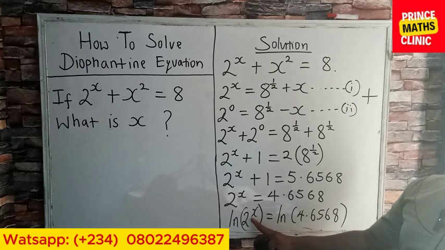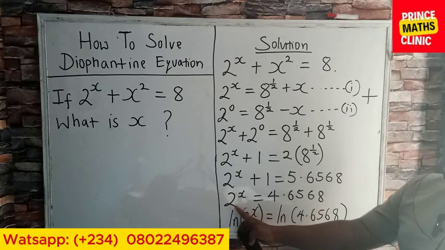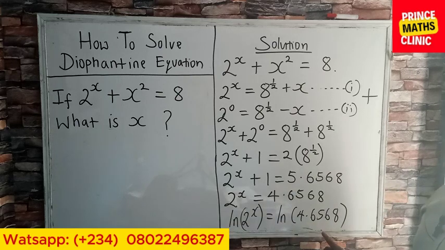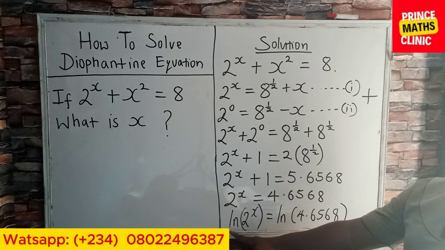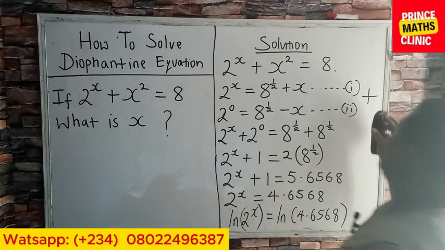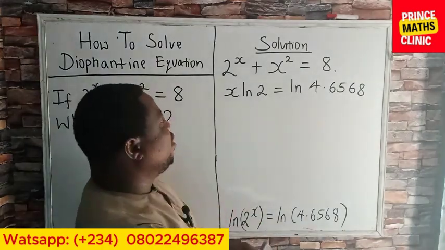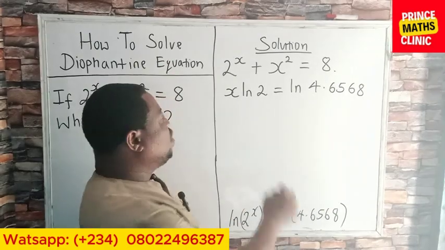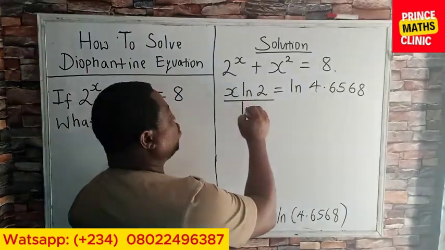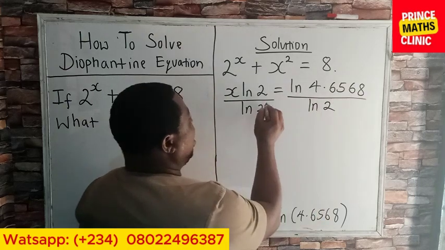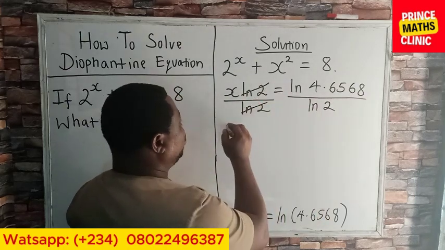And to resolve this, x is going to multiply the natural log here. Then we now divide both sides by ln of 2 to get our x. This x is multiplying ln 2, equal to this. So in order to obtain my x, I'm going to divide both sides by ln 2. ln 2 here cancels out ln 2.